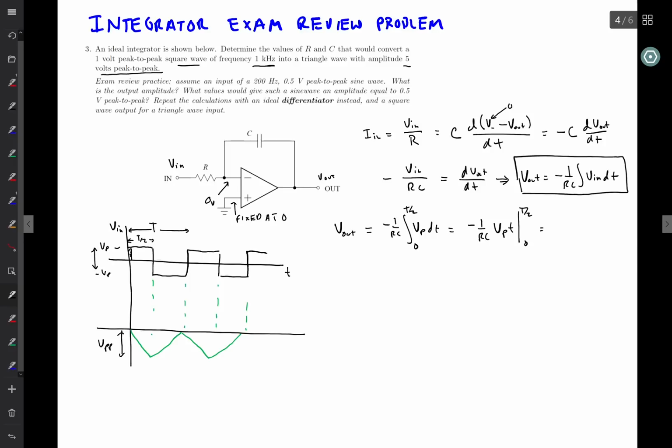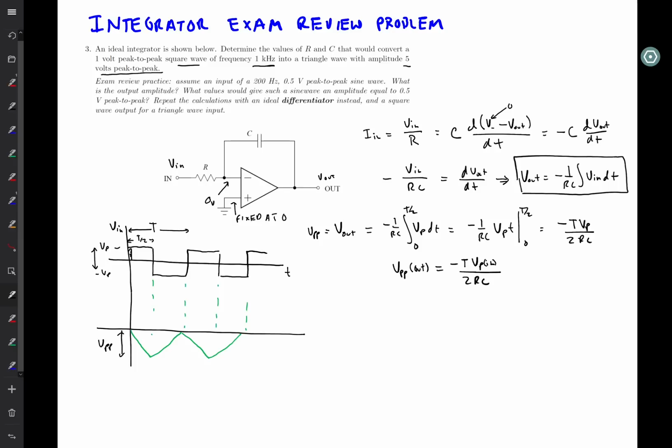So that's just minus T times V peak over 2RC. And that's the output voltage. So if we go up to this point, this output is equal to the peak-to-peak voltage. So our formula that we use to calculate looks like something like that. V peak-to-peak out is equal to minus T times V peak in over 2 times RC.